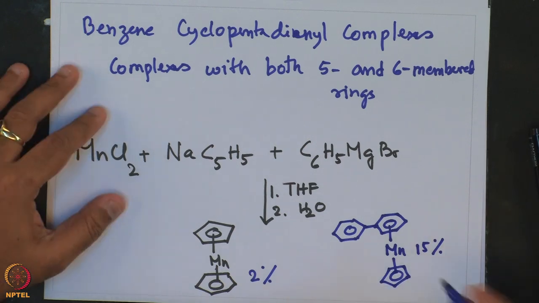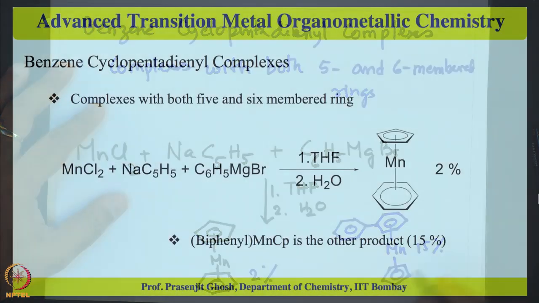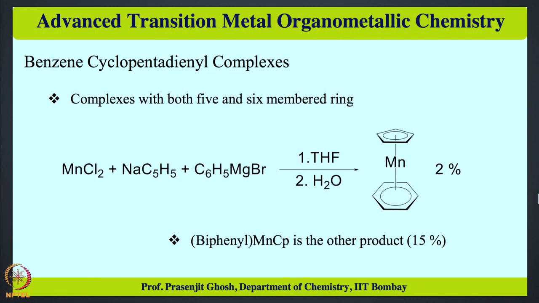And there are several other byproducts of the reaction. One is this biphenyl bis manganese cyclopentadienyl, so that is 3%.